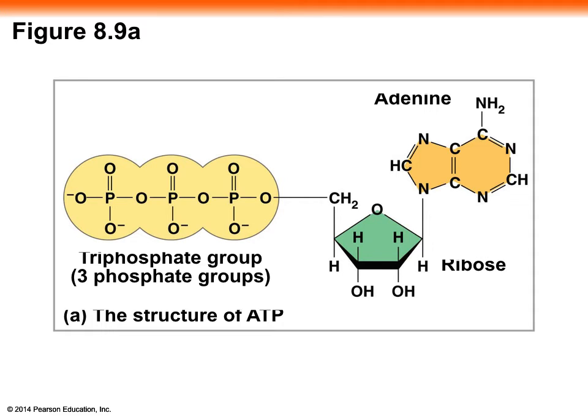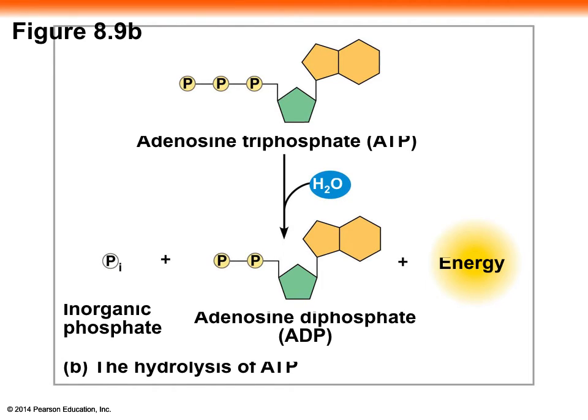ATP is the high state of energy, but it can also be broken down into ADP, adenosine diphosphate, and even further down into adenosine monophosphate. But we generally look at this as ATP breaking down into ADP and then back, and vice versa.